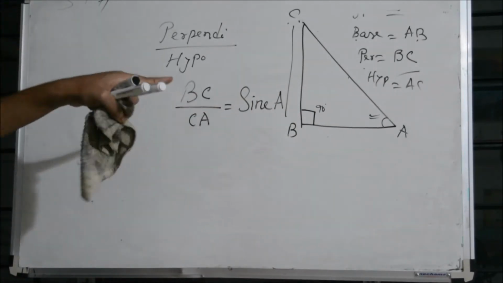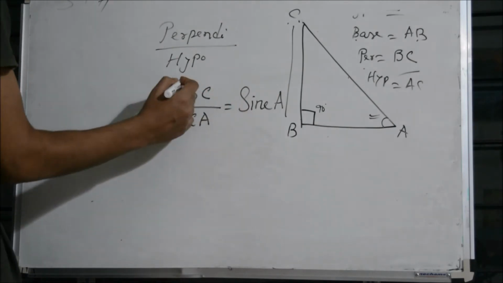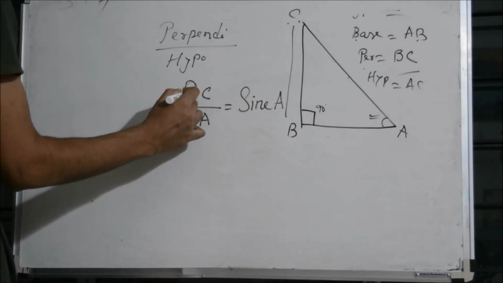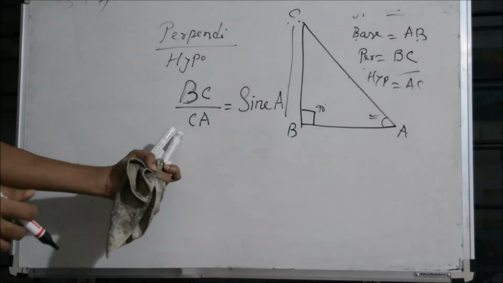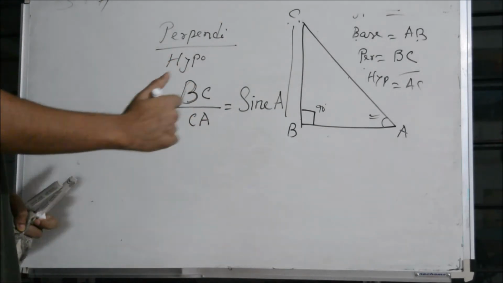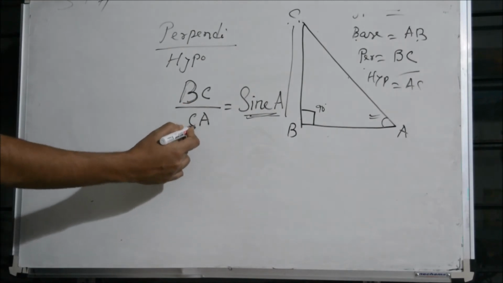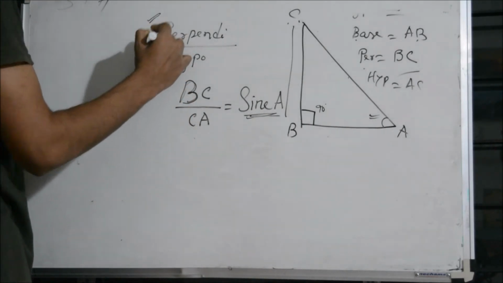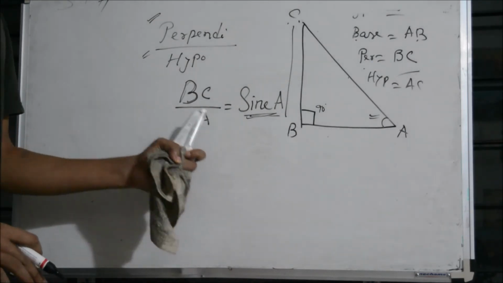Now this is defined, this is fixed. Sine of angle A is perpendicular by hypotenuse. Now you will be asking me, why is sine of A BC by CA? This is defined in this way only. It will be the same for every triangle.